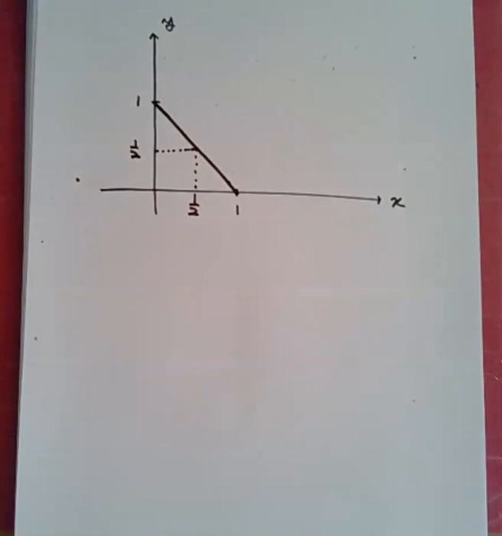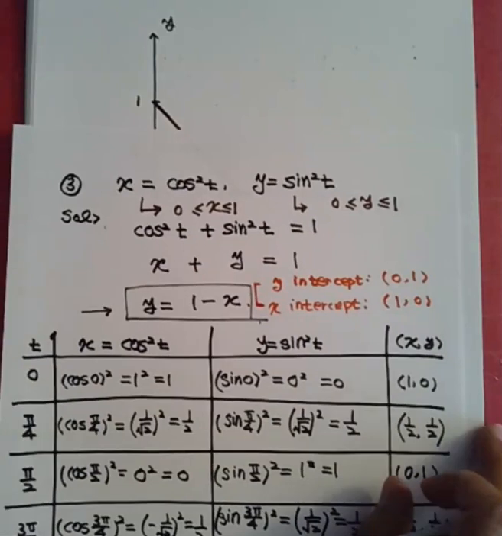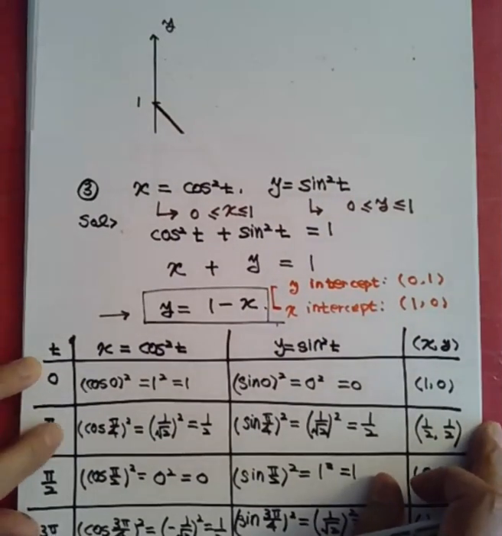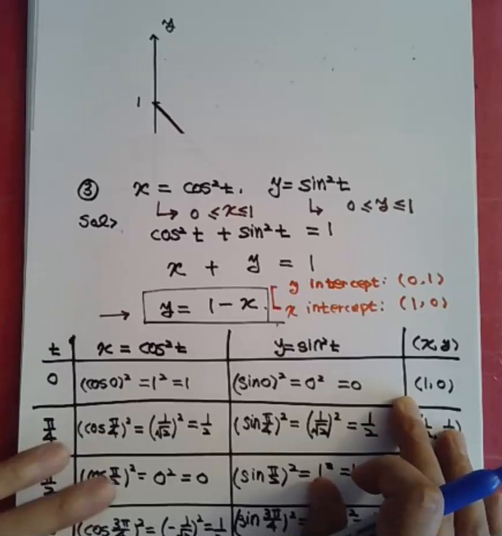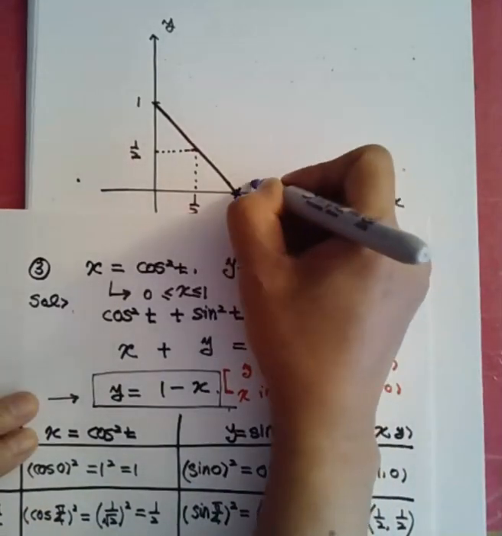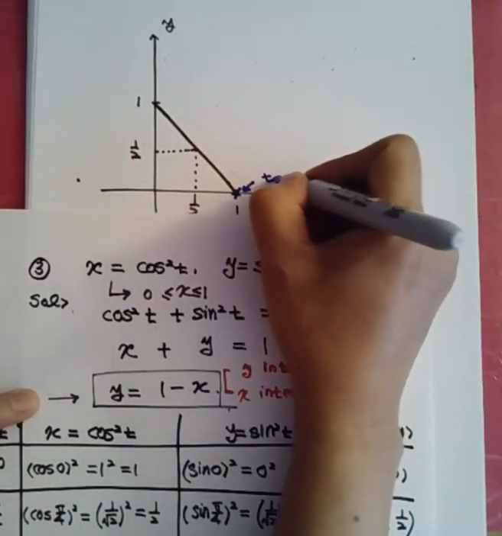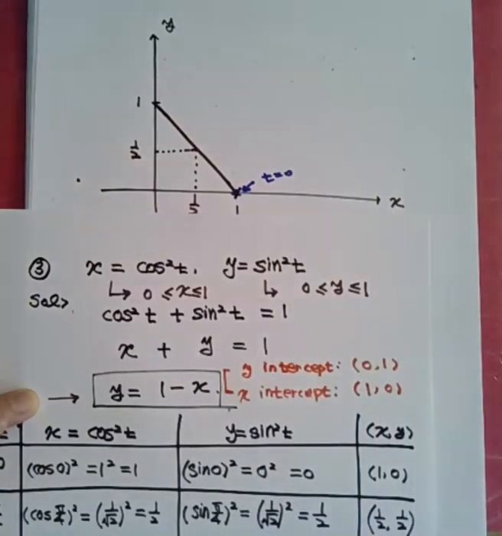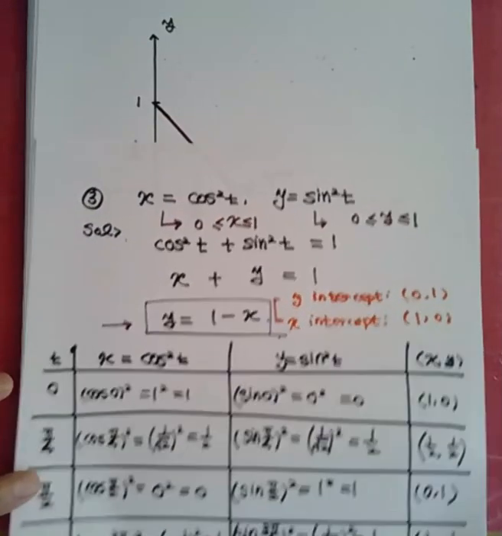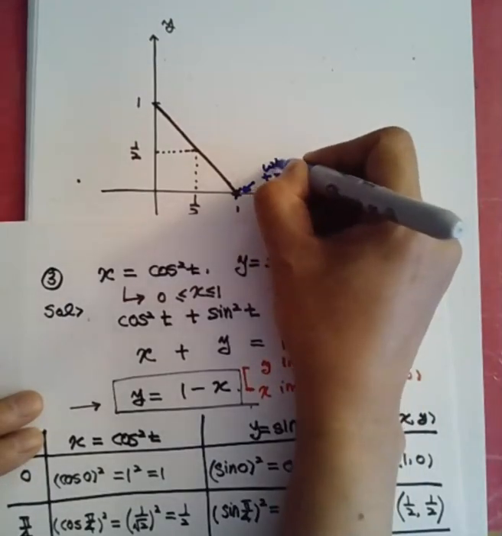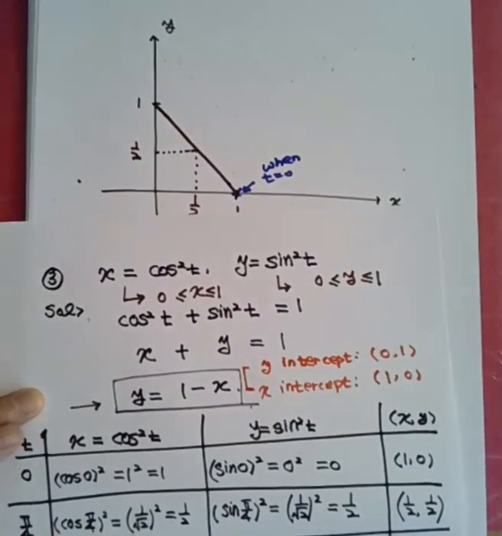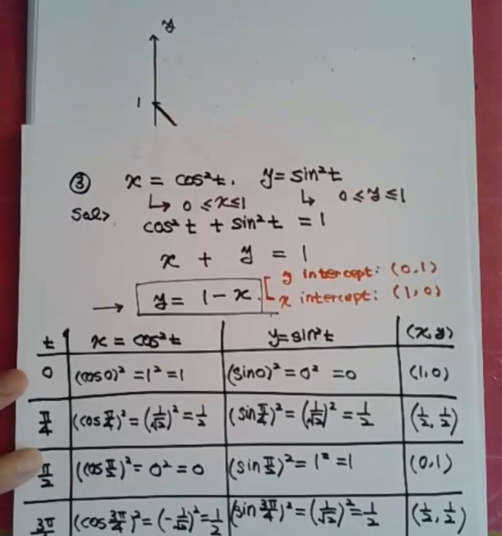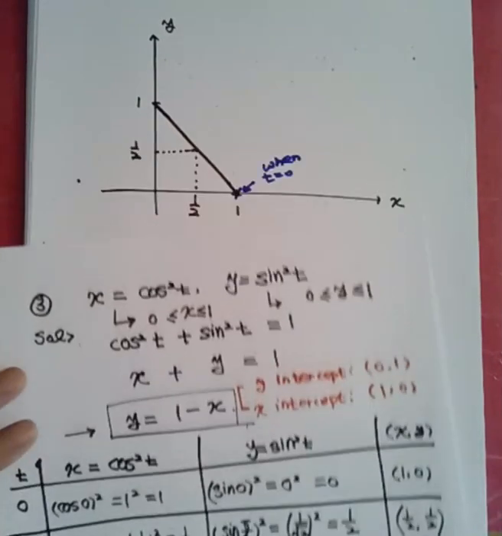Let's consider the direction of the parametric equation. When t value equals 0, it passes 1, 0. When t is pi over 4, it passes 1/2 and 1/2.